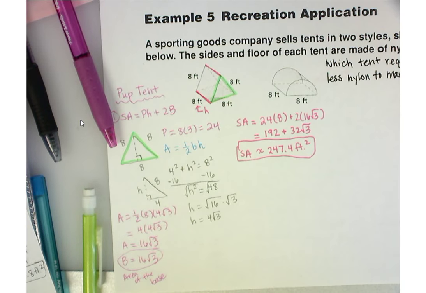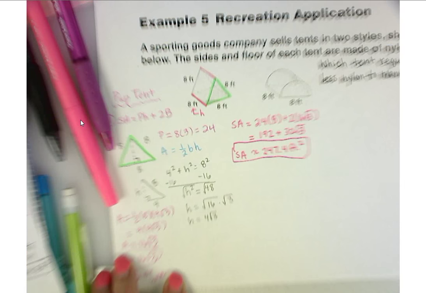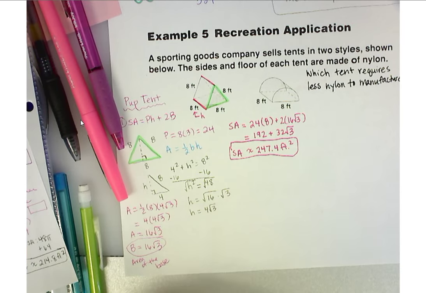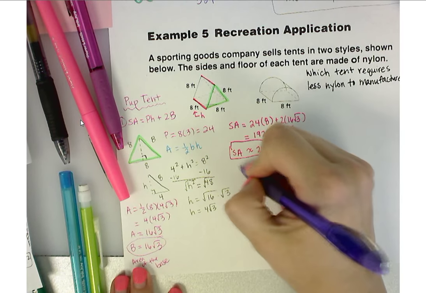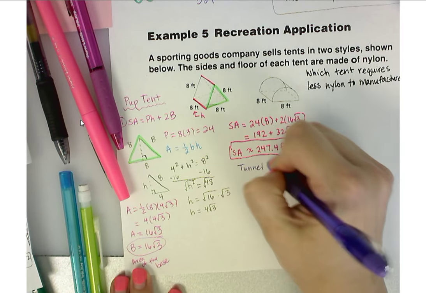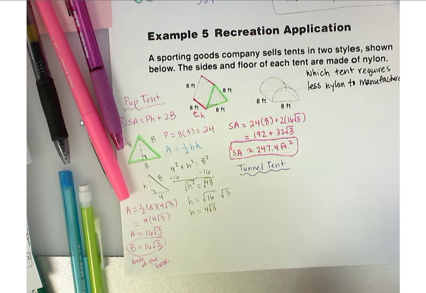Okay, so now I need to find the surface area for the tunnel tent. Okay, and what is the shape of the tunnel tent? It's, yeah, what part of it? It's half of a cylinder. You have a question for me? It says that only the sides and floor are made.